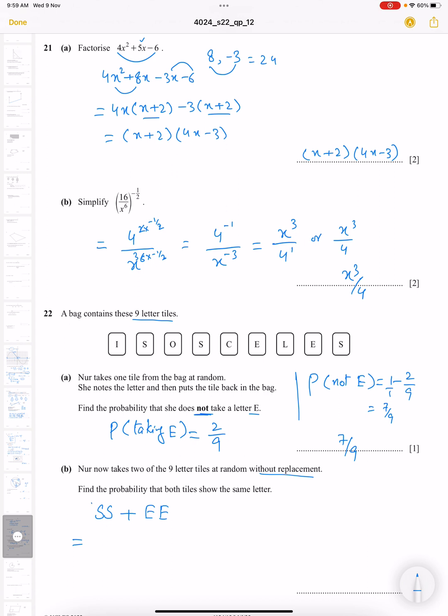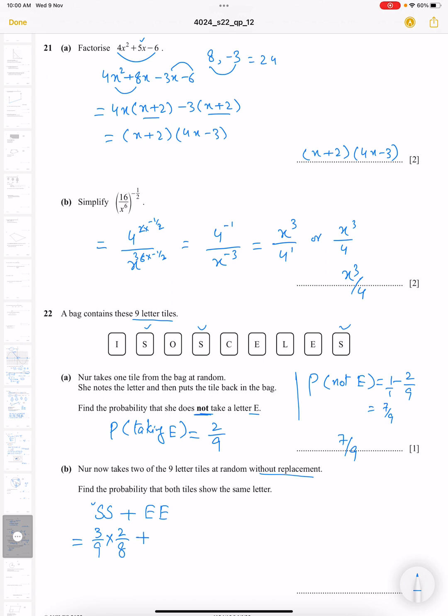The first S will be picked from 3 S's here, so that probability will become 3 by 9, multiplied by, since it is without replacement, now we are left with 2 S's. So the next S will be picked from 2 S's, so that will be 2 by 8. Total also reduced by 1.